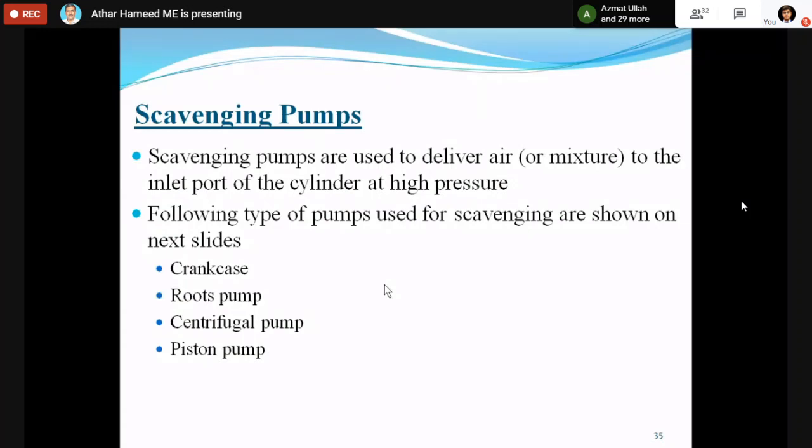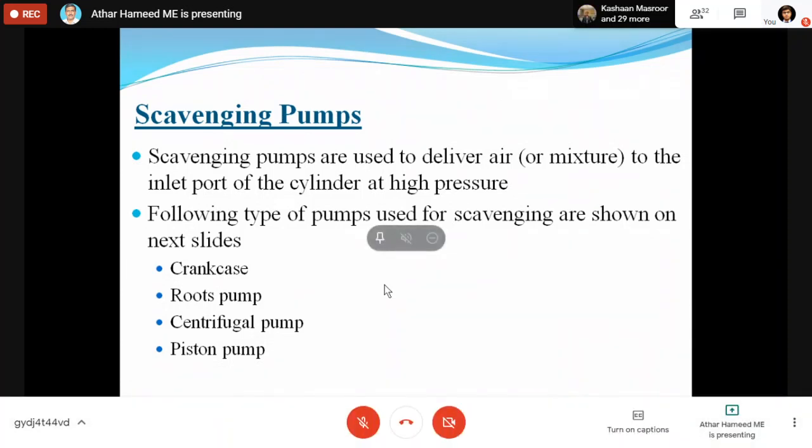Therefore, you know the efficiency of the centrifugal pumps and the roots pump. You have discussed them in fluid mechanics and fluid machinery. So here we'll just touch upon them a little, and I'll show you the pictures.